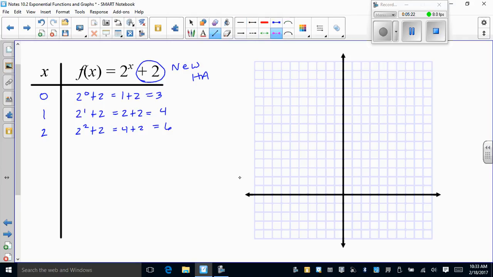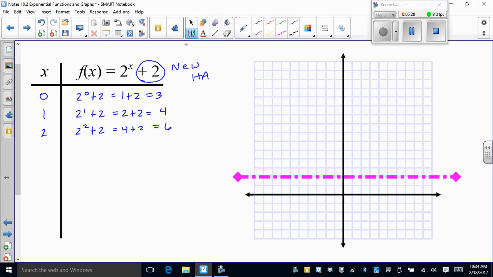That is the line my graph is not allowed to cross. So at 0, I'm at 3. At 2, I'm at 4, and then at 6. And going this way, if I had given you the values, they're going to be getting closer and closer to my dotted line. And there goes my graph.